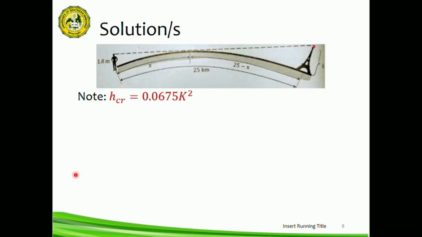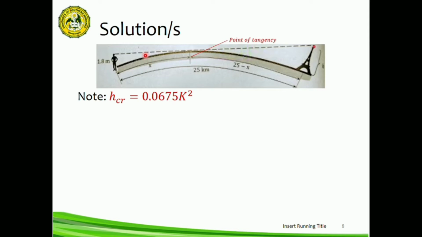Kung nakikita po ninyo, this is the man at yung ang eye po daw ng man ito is has a distance of 1.8 meter above sea level. At ito po yung tinatawag nating point of tangency. Ibig sabihin, hanggang dito lang po yung nakikita ng taong ito. So, in finding the height of the tower above sea level, first, kukunin muna natin yung value ng x.